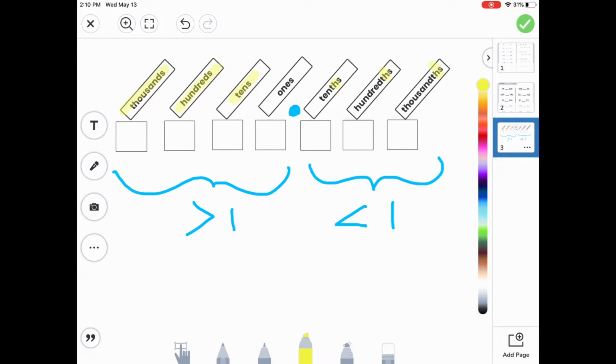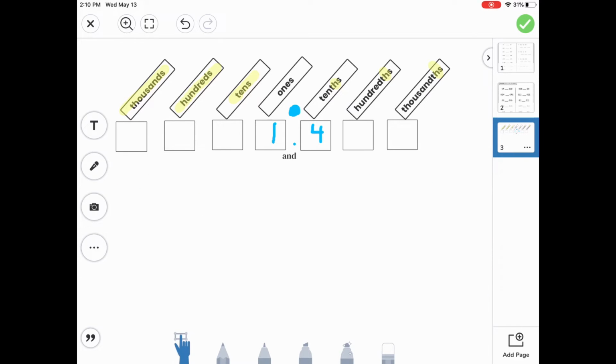So, for example, if I had 1.4, I would read that number 1 and 4 tenths. Whenever you get to the decimal, you say the word "and," then you read the number that you see to the right just the way you see it, and then you say the place value of the last digit.